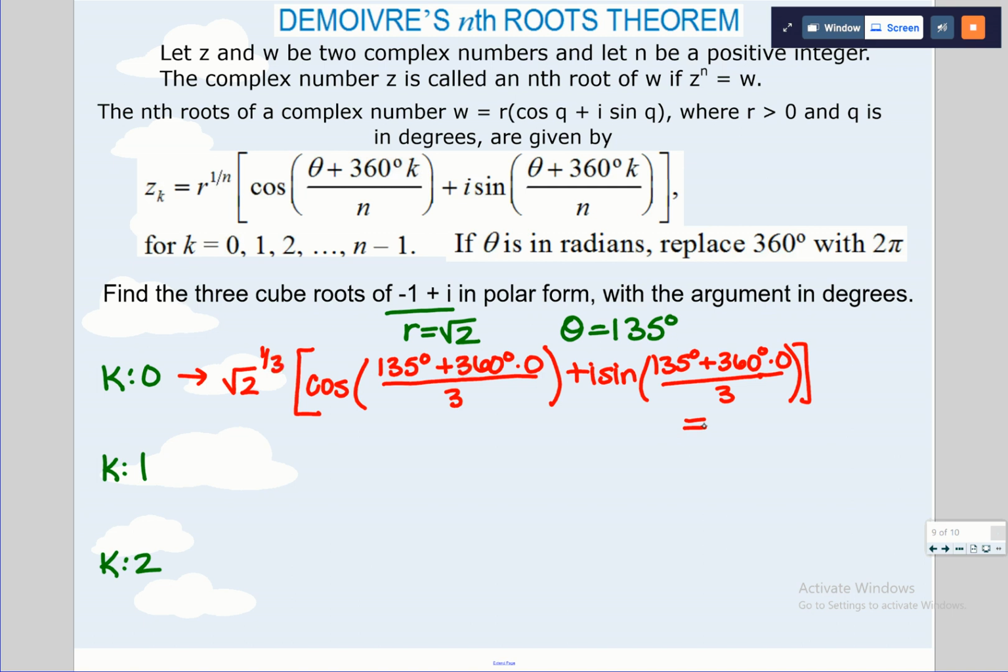All right, square root 2 is the same as 2 to the 1/2 power. To the 1/3 power, if you do the 1/2 times the 1/3, it's just 2 to the 1/6, or you could say the 6th root of 2, same thing.